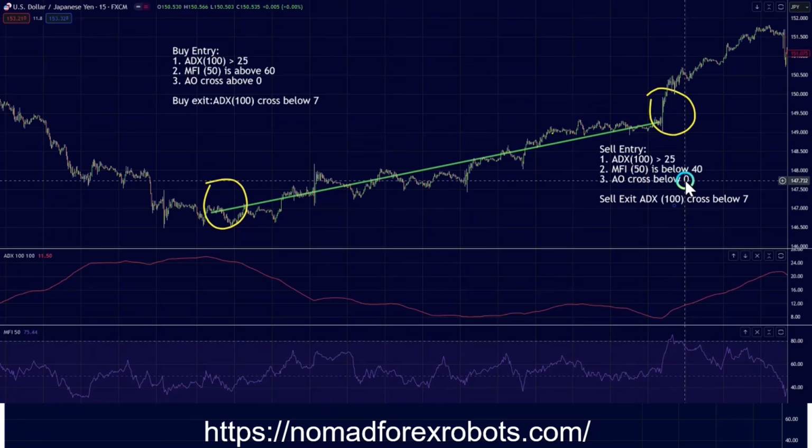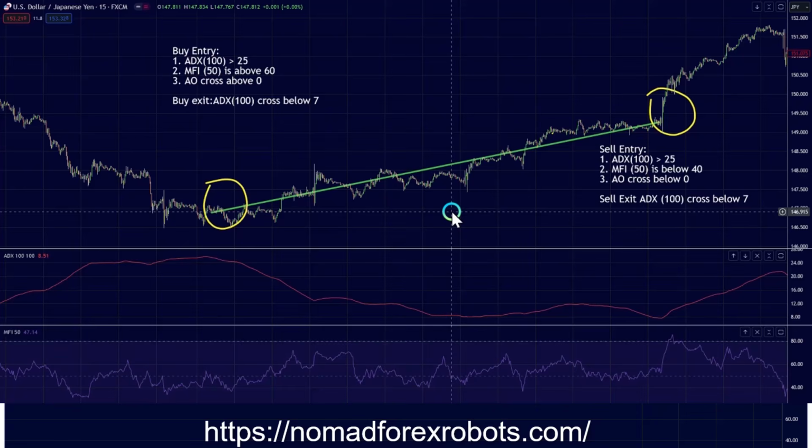We can exit the sell trade with the stop loss calculation at the ATR 100 period multiplied by 5, or the take profit, which is 500% of the stop loss, or the sell exit when the ADX 100 period is crossing below 7.